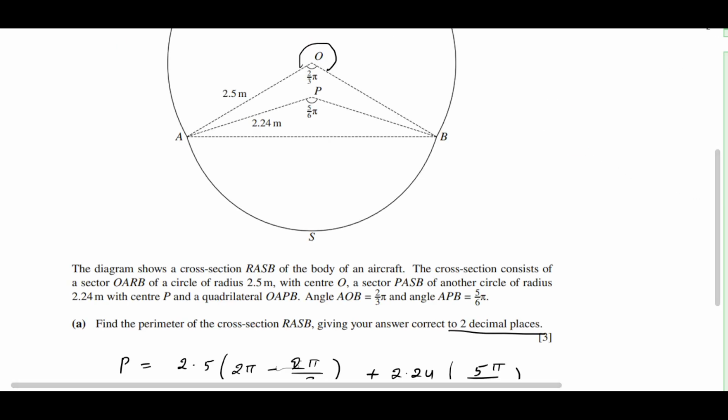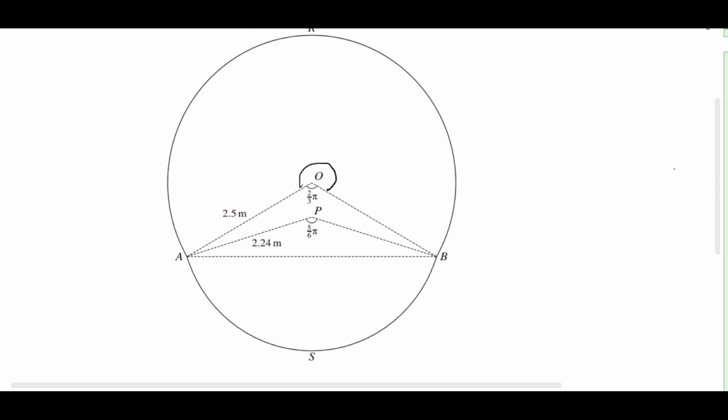Okay, let us look at the diagram once again. So for the total area, what should we do?